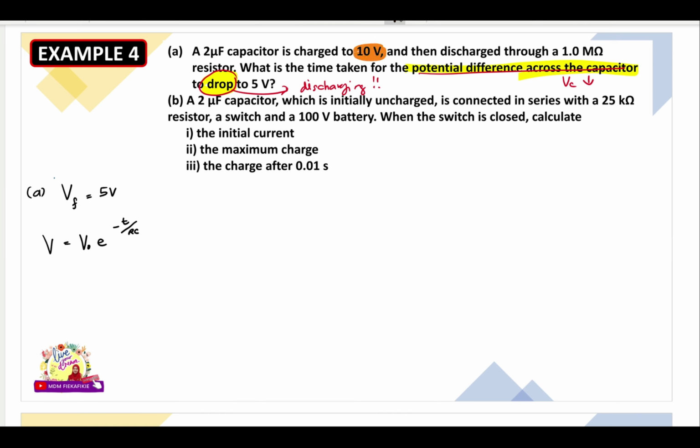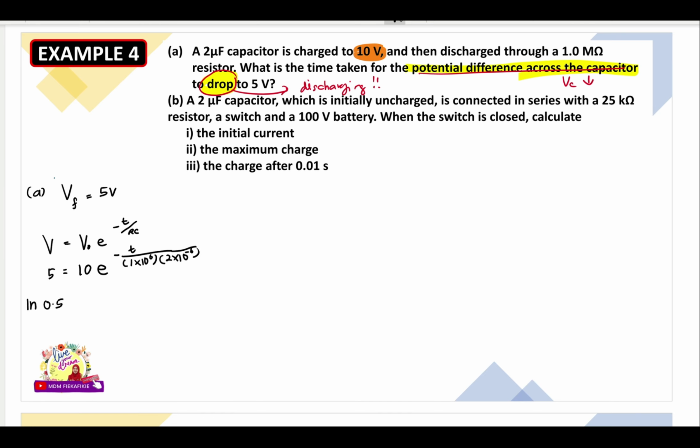So kita boleh carilah V tadi 5. So dia nak apa? Time taken kan? Dia nak t lah. Kalau dia dah ada, kita boleh straightly masukkan sajalah. R is 1 mega. C adalah 2 micro. Okay, so kita kira lah, sama je macam tadi. And 5 bagi 10, 0.5.